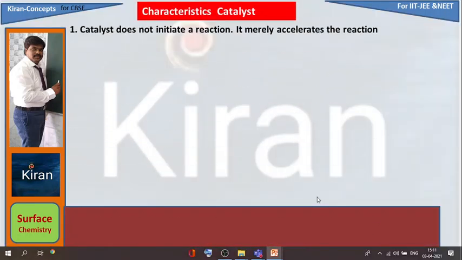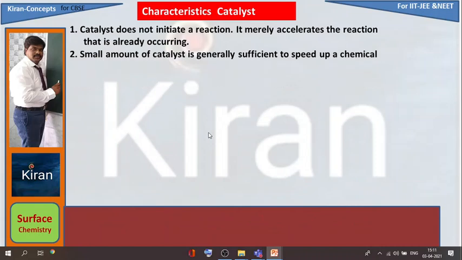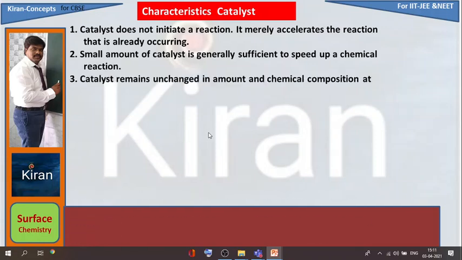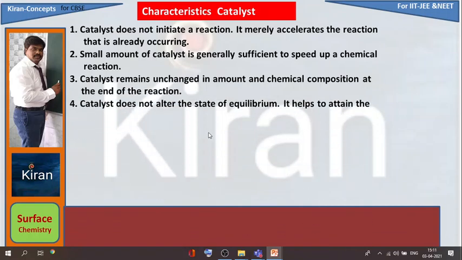Characteristics of catalyst. A catalyst does not initiate the reaction, it merely accelerates the reaction. It will not start the chemical reaction. After the chemical reaction has started, it speeds it up. A small amount of catalyst is generally sufficient to speed up a chemical reaction. A catalyst remains unchanged in amount and chemical composition at the end of the reaction.